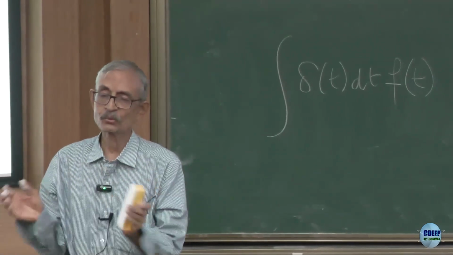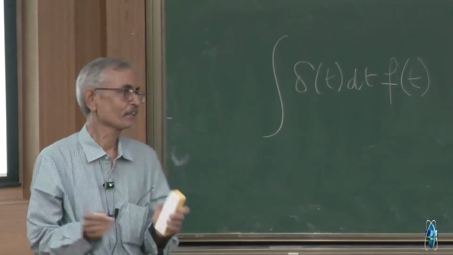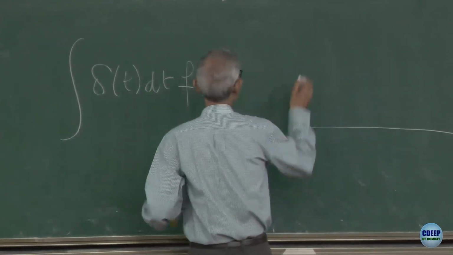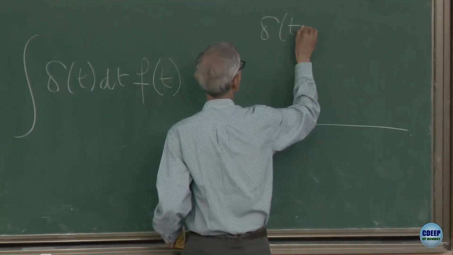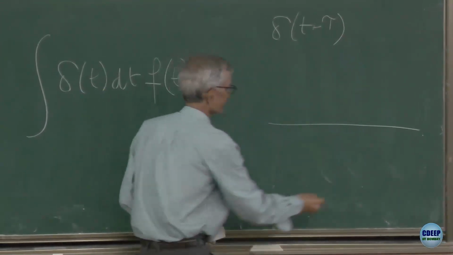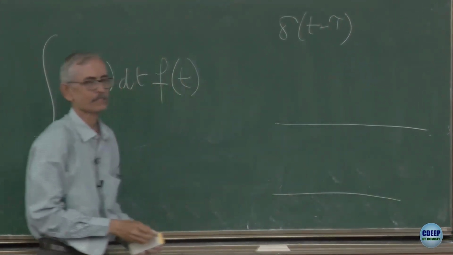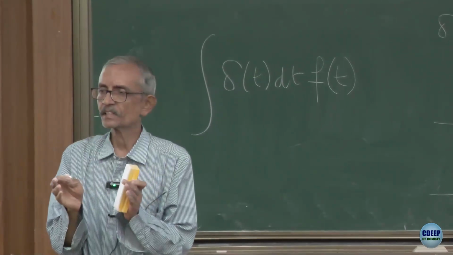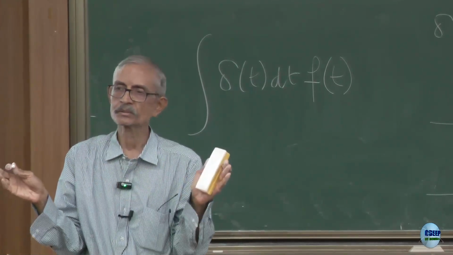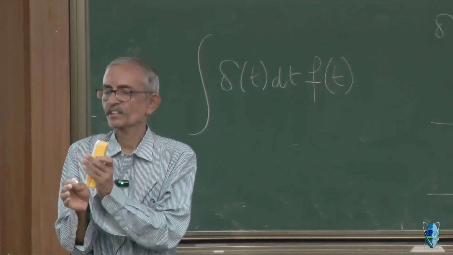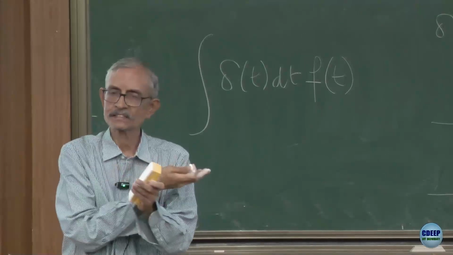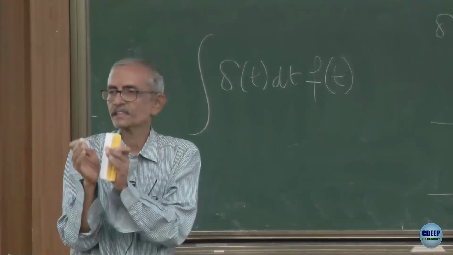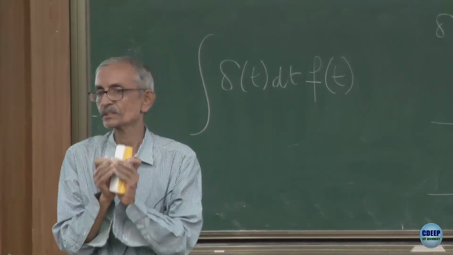Now that we know what the Dirac delta function is, what would be delta(t minus tau)? Delta t is a function that goes to a very large number at t equal to 0. Whatever is there in the brackets has to be equal to 0.